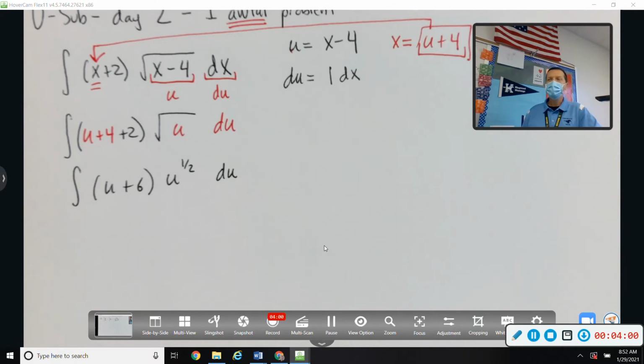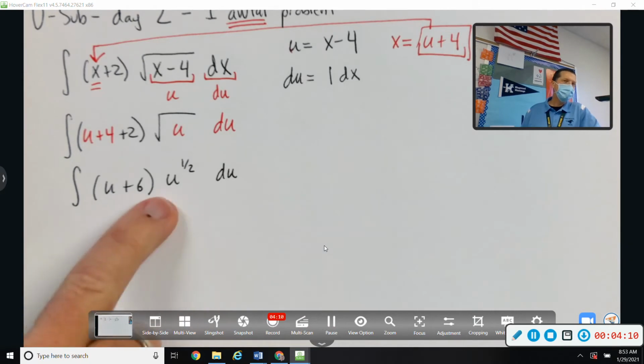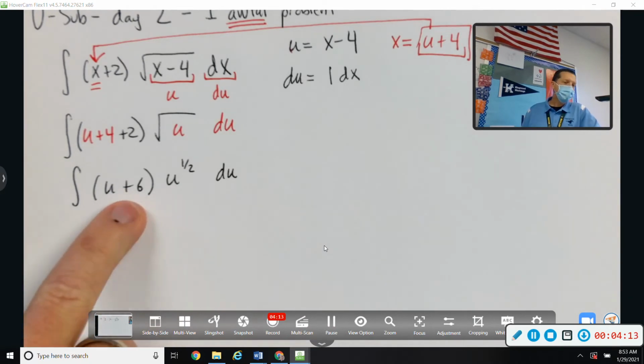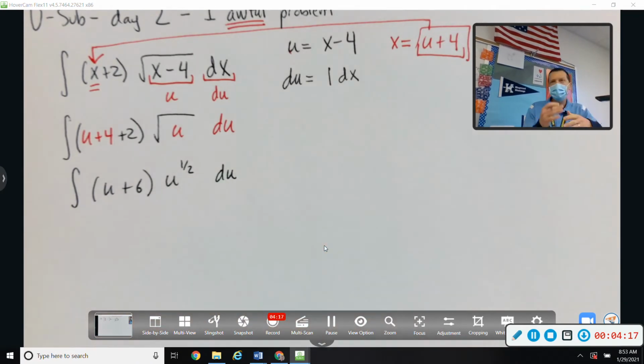Any idea on what we would do next? Yeah, I want an antiderivative, but I can't yet because there's not a product rule for antiderivative. So I can't antiderivative this and then antiderivative this and then put the pieces together. I can't do that. Multiply them together.